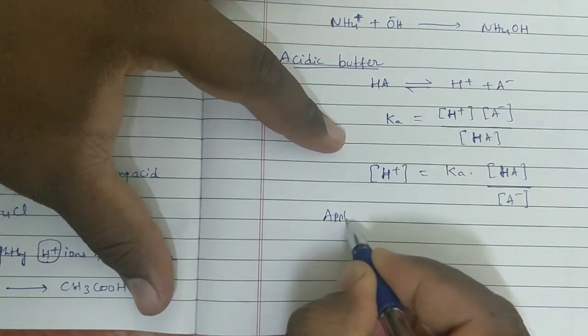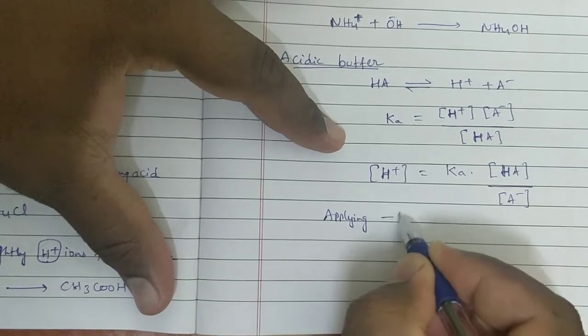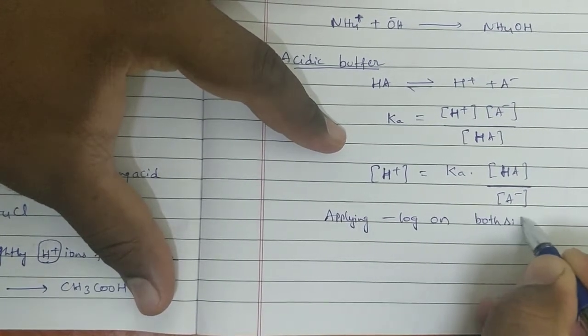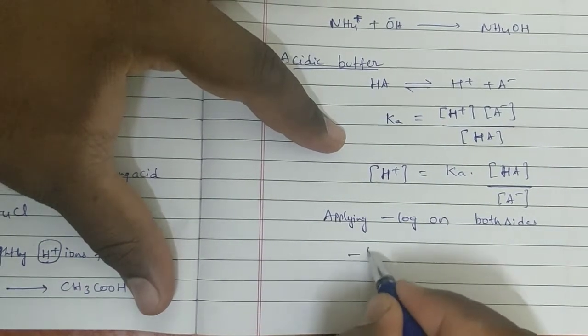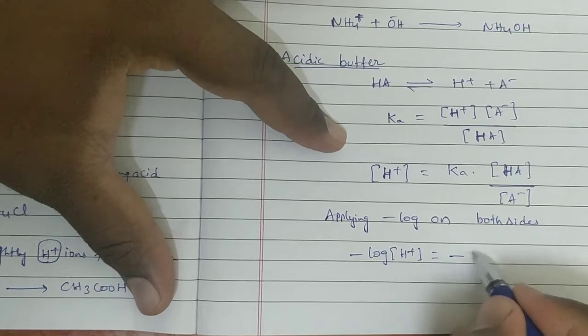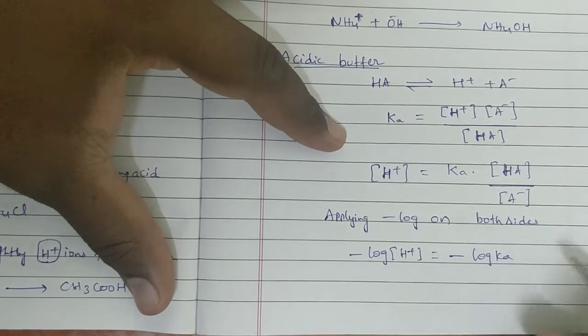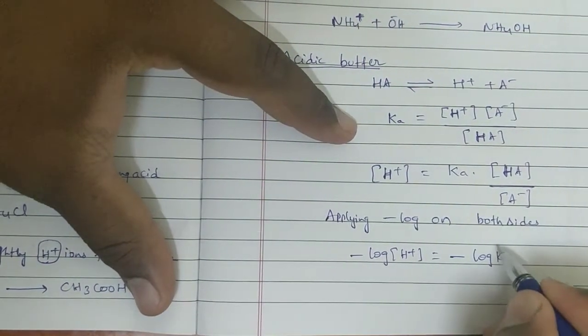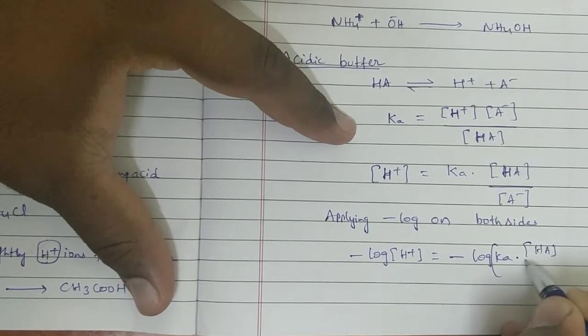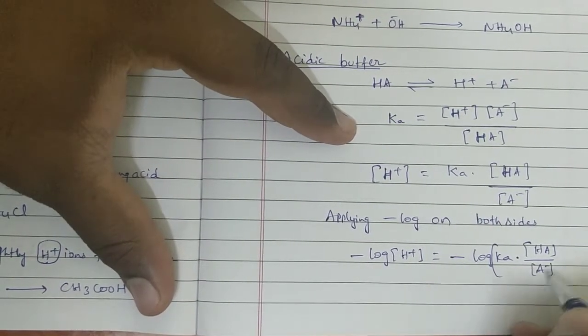Applying negative logarithm on both sides. Minus log H plus is equal to minus log of Ka into concentration of HA divided by concentration of A minus.